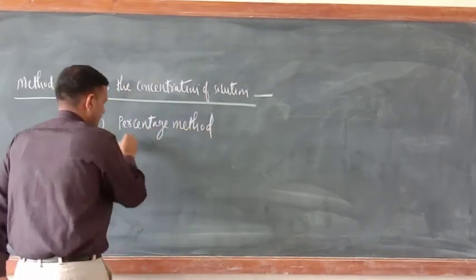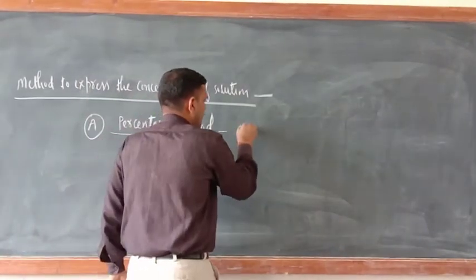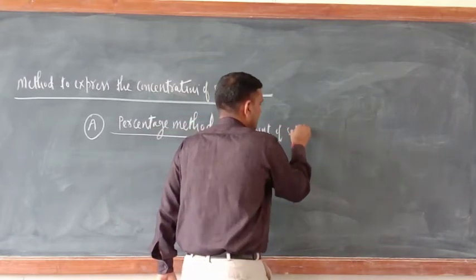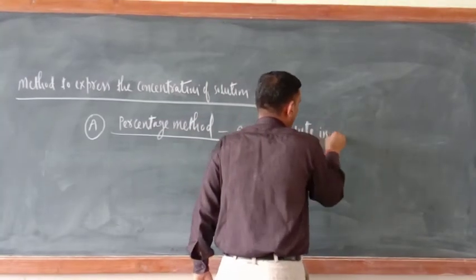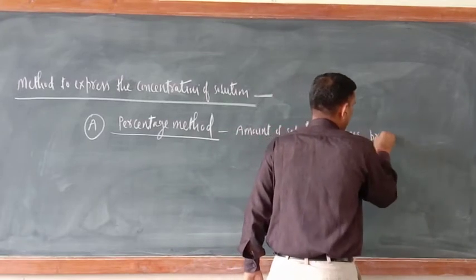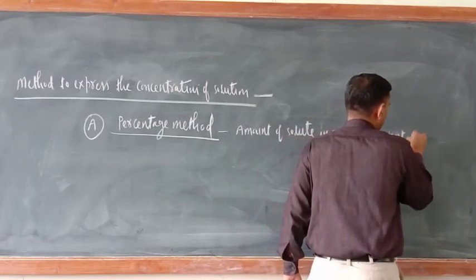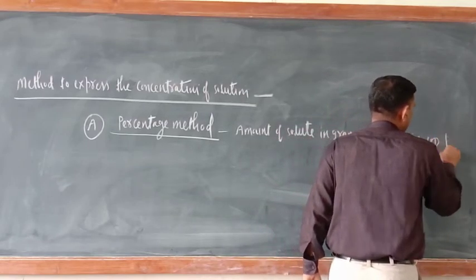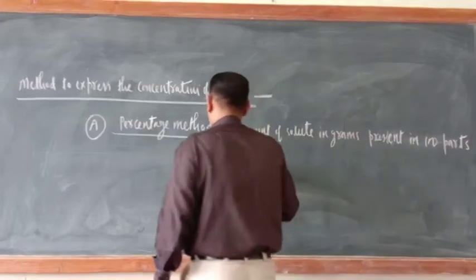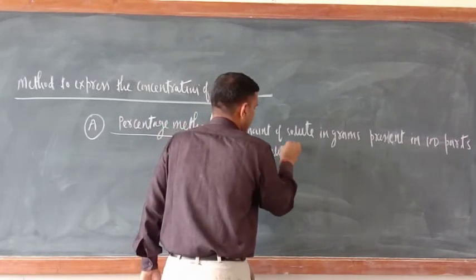Percentage method. What is the percentage method? Amount of solute in gram present in 100 parts of solution.